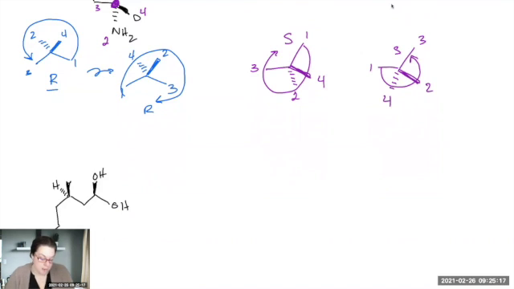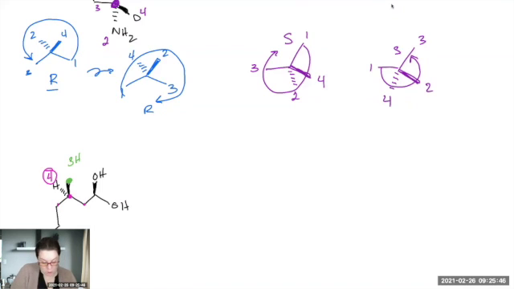And now I'm going to assign priority. So attached to my asymmetric carbon are 3 different carbons and a hydrogen. So I have 3 ties and my hydrogen. My hydrogen's in the back at number 4. Okay. My methyl group, the carbon that's wedged, is a carbon that has 3 hydrogens attached.